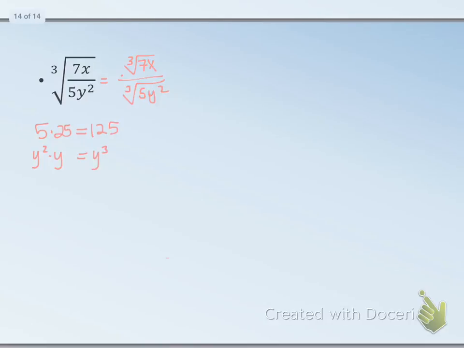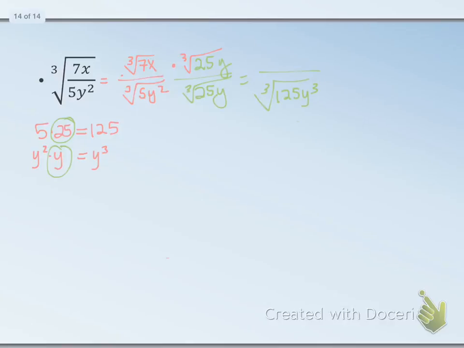So I multiply this time by the cube root of the ones I circle, so the ones that we're multiplying by that I don't have. So 25y over the cube root of 25y. So on the bottom, 5 times 25, I got 125, which we can take the cube root of. Y squared times y gets me y cubed, which I can take the cube root of.